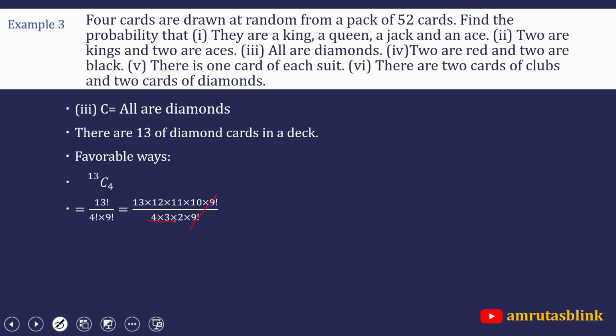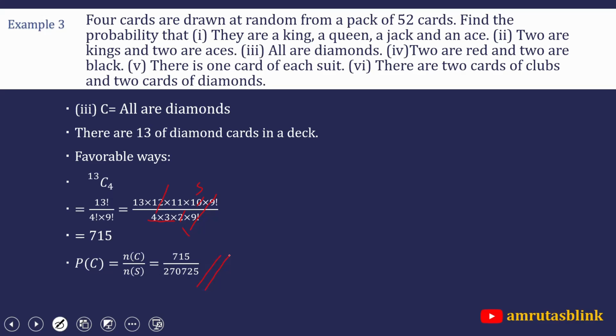This 4 3s are 12, so this 12 will cancel, and this 2 5s are 10. So we have 13 into 11 into 5, which is equal to 715, and hence probability of this event C is equal to n of C upon n of S is equal to 715 upon 2,70,725 is the final answer.